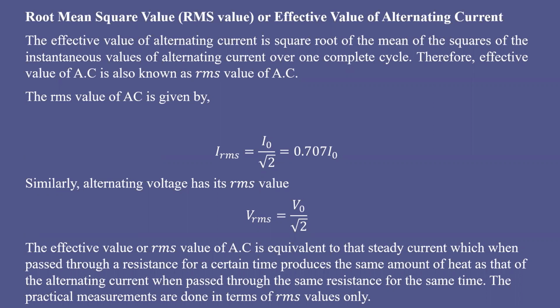So basically, this RMS value is the effective value. That's why for all the practical measurements and for all the circuit analysis, we use the RMS value of AC only. Okay, just remember this concept.